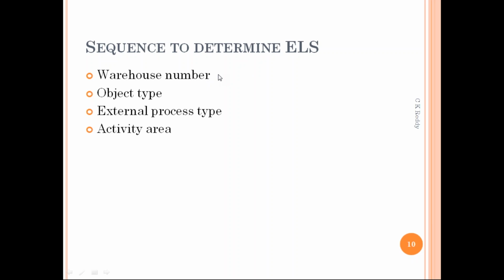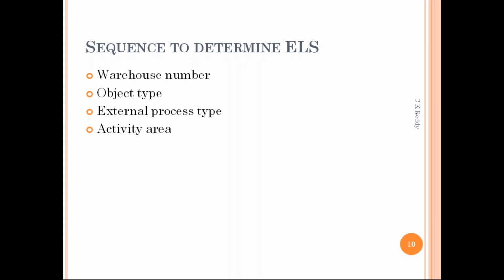The first is the warehouse, second is the object type, third is the external process step, and fourth is the activity area. At warehouse level, we can maintain the sequence for determining engineered labor standards. The first priority is the warehouse number, second priority is the object type.